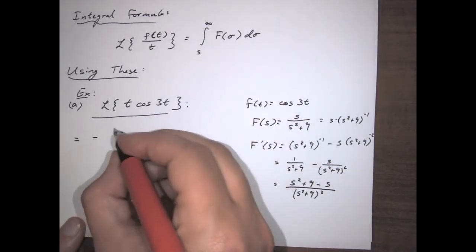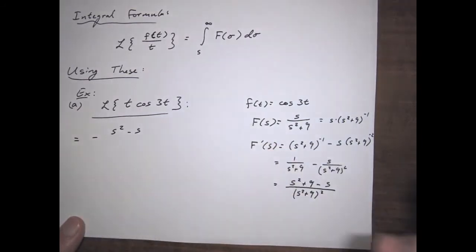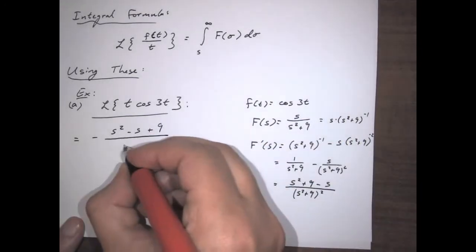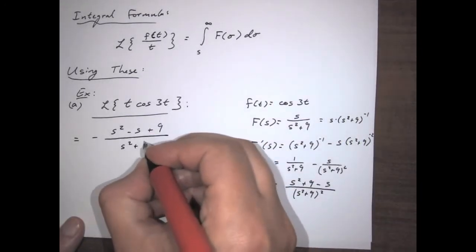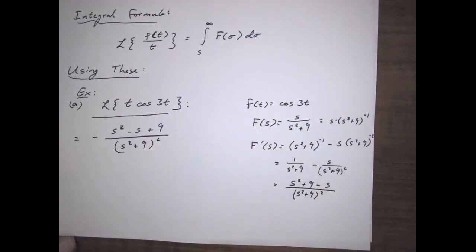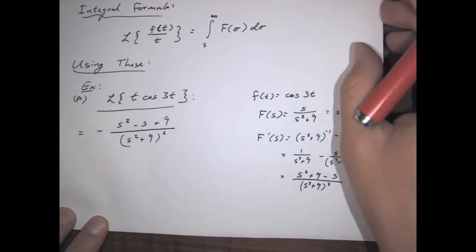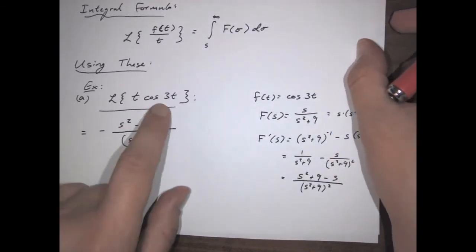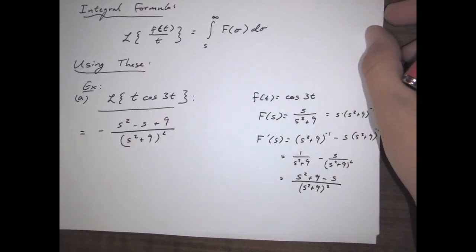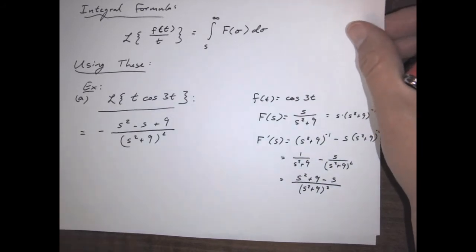So negative (s squared minus s plus 9) divided by (s squared plus 9) squared. So that's one way of using this: if you have one that you already know, you can take the derivative of that, and then take the opposite of that in order to get the Laplace transform.